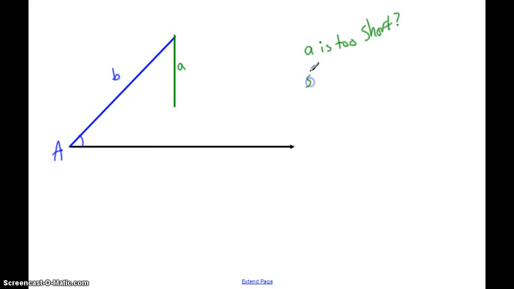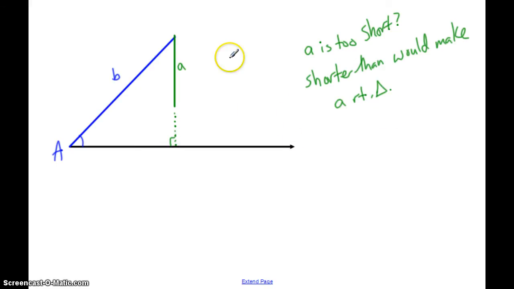In other words, it's shorter than what I would need to make a right triangle. So if A is too short, if it doesn't even reach down here to the bottom to make a right triangle, then I would have zero possible triangles. No triangles. Okay? It wouldn't make one at all.